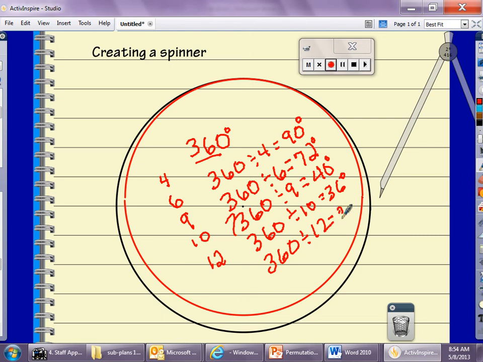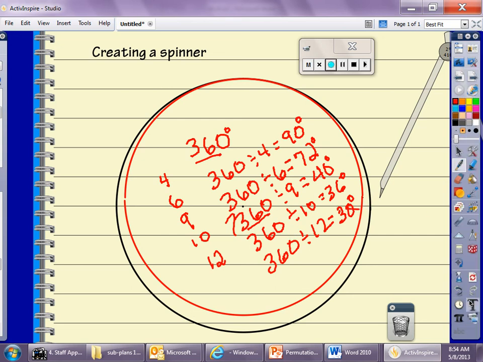Okay. Alright, so depending on how many equal pieces we want to make, if we want to make it 9 equal spaces, each space has got to be 40 degrees, because 40 degrees times 9 spaces equals 360 degrees. Okay, hopefully that will make sense to you.